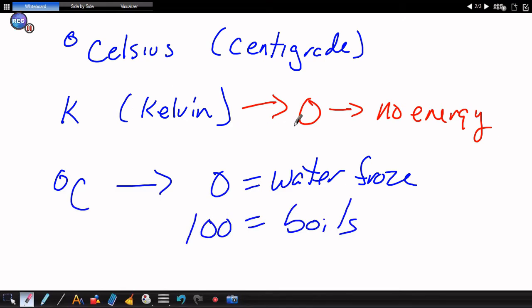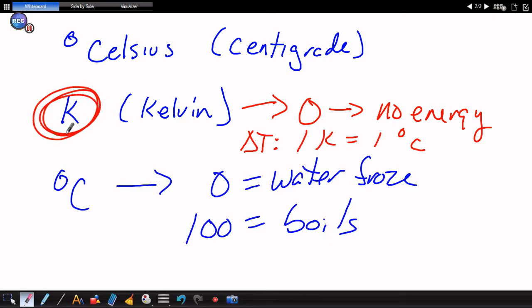So we'll have here 1 Kelvin is 1 degree Celsius. This is a delta T thing. Anytime you use delta T, the units are interchangeable. You should stick to one consistent unit and it should be Kelvin. Do not always go to Celsius unless it's completely Celsius everywhere.